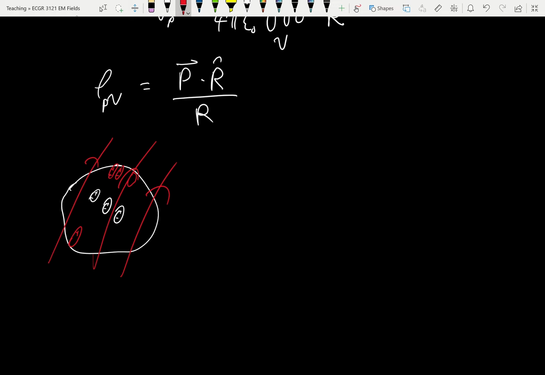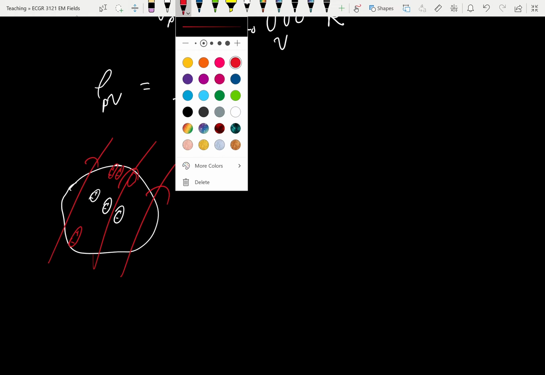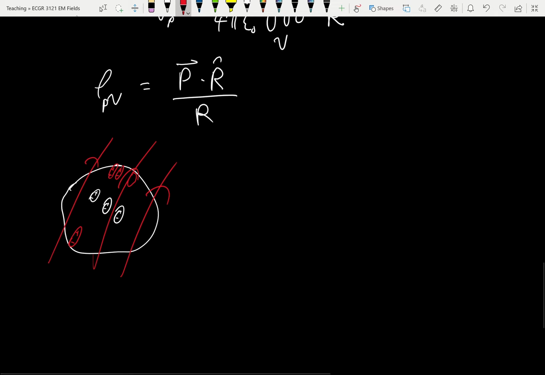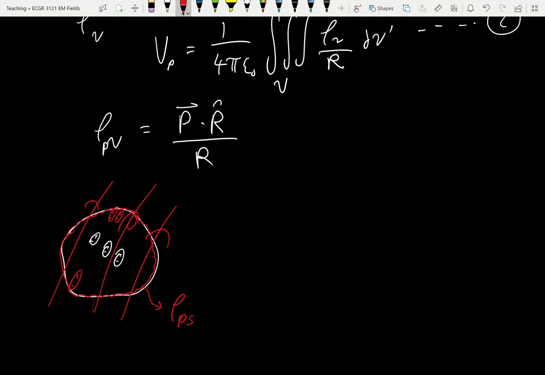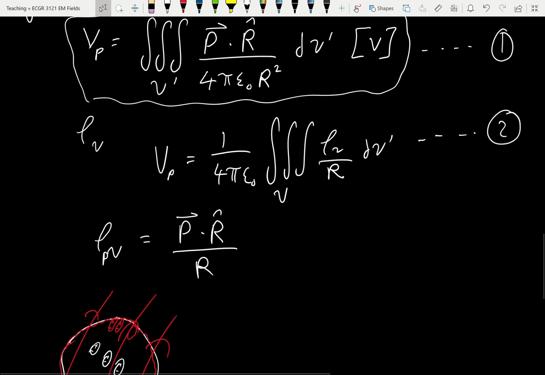Either the negative or the positive. So I expect to see at the boundary a surface, let's call it rho ps, a surface charge density, right?